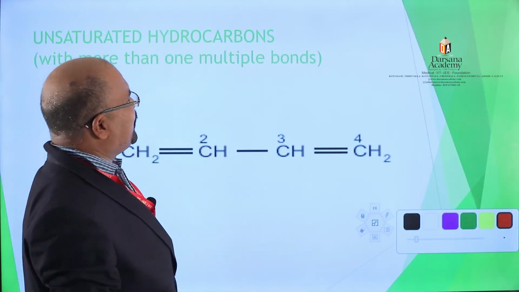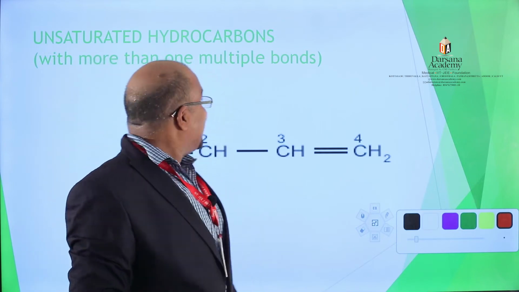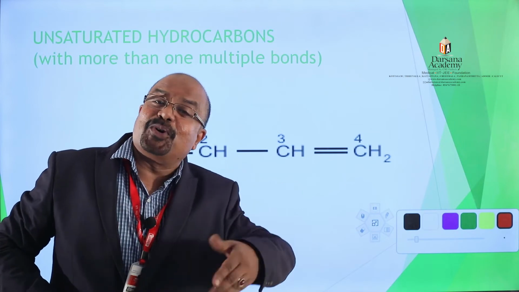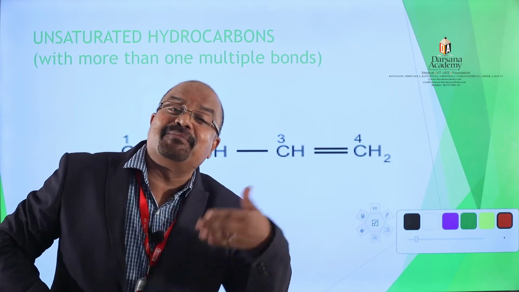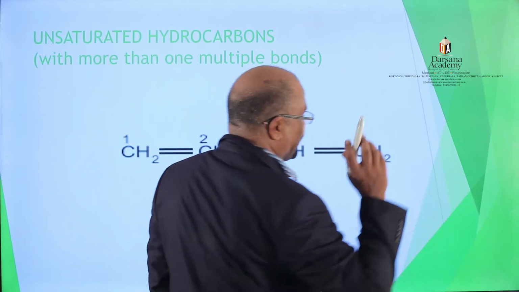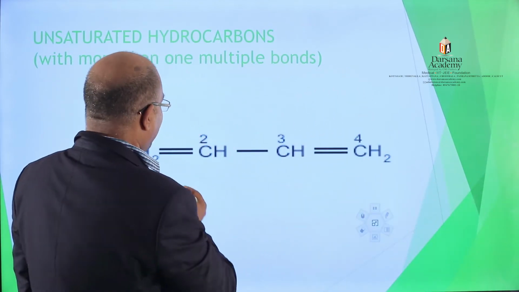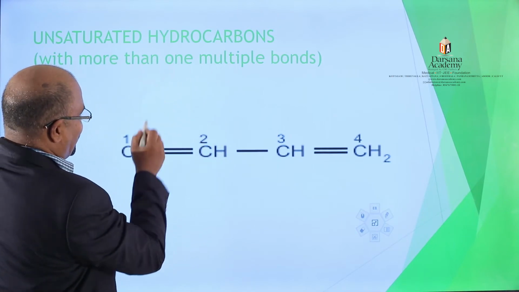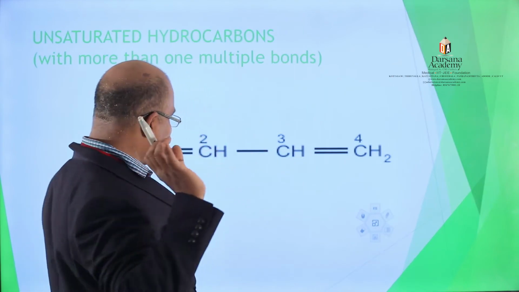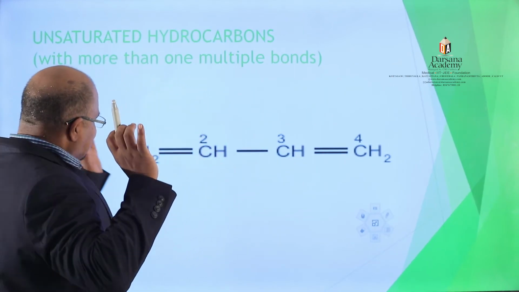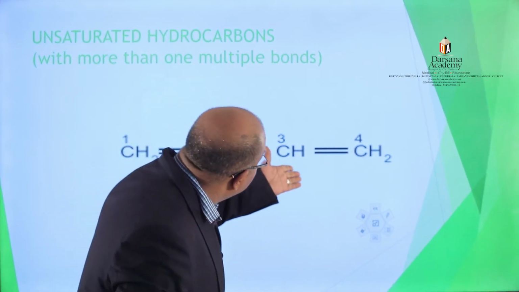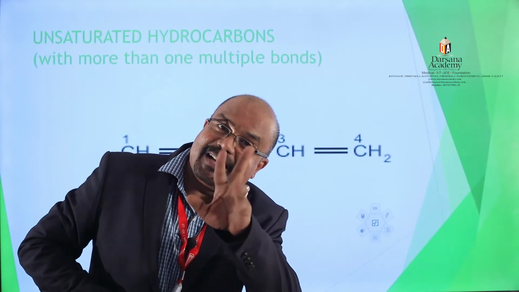Unsaturated hydrocarbon with more than one multiple bond. How to name a compound when double bonds or triple bonds occur more than once. So here also we can give numbers 1, 2, 3, 4, so but is the root word. But here the first position and the third position have double bonds.